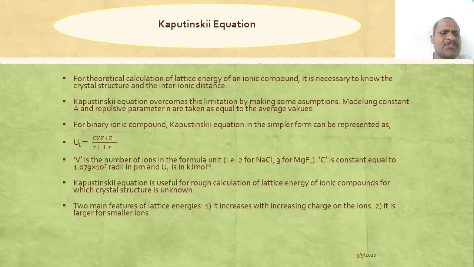The two main features of this equation are: lattice energy increases with increasing charge of the ions, and lattice energy is maximum for smaller ions. Those are the two important features which we know from the Kapustinskii equation.